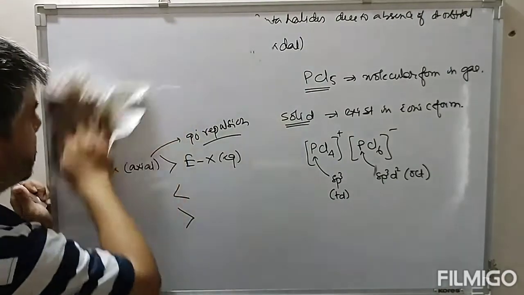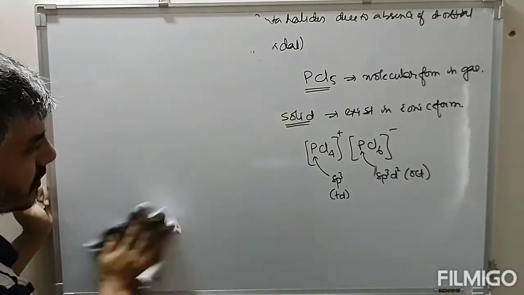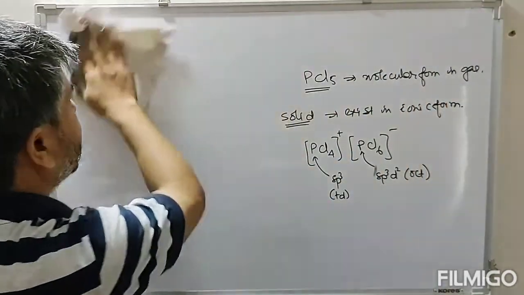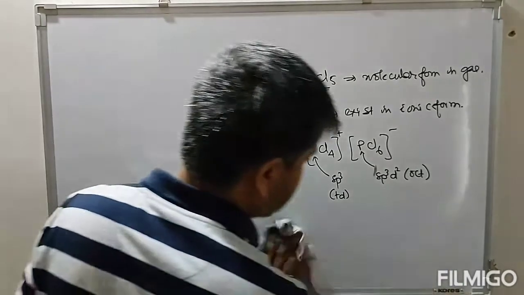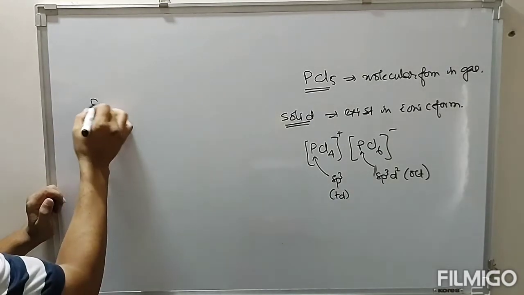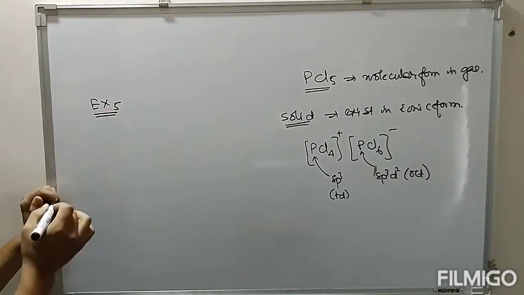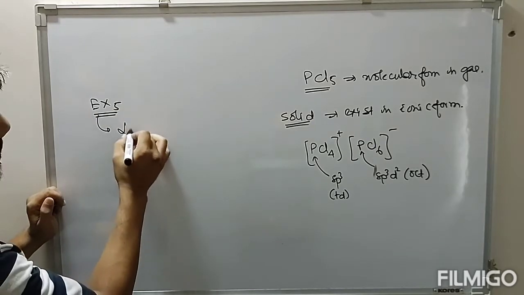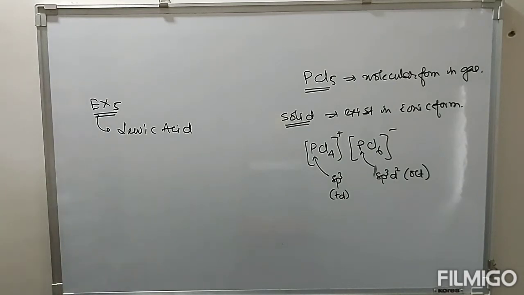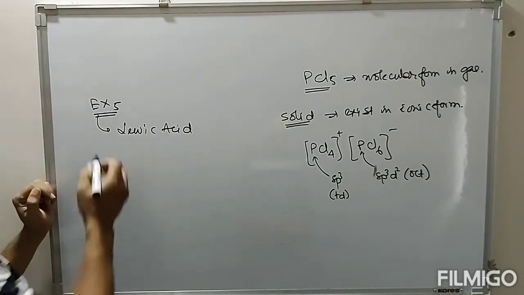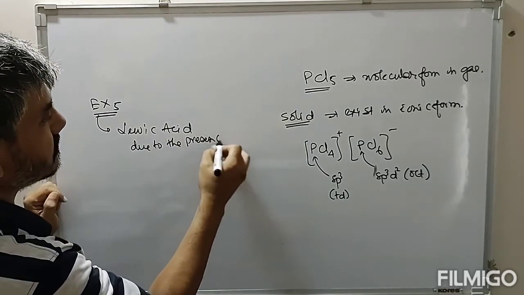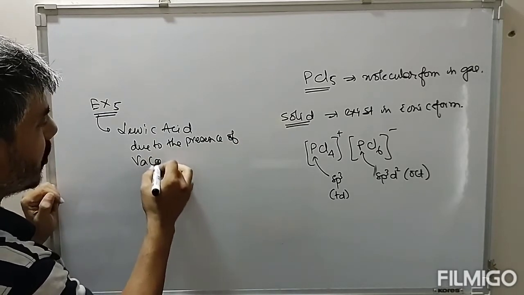So these are two different halides of group 15. So group 15 shows two types of halide, trihalide and pentahalide. So we have discussed EX5 pentahalides. All these pentahalides show Lewis acidic behavior, whereas trihalides were basic, while EX5, the pentahalides, are Lewis acids due to the presence of vacant d orbital.